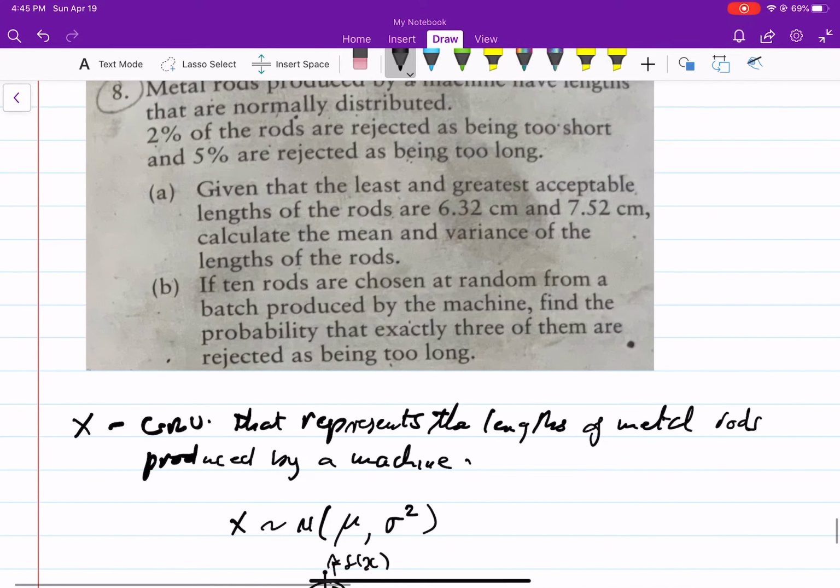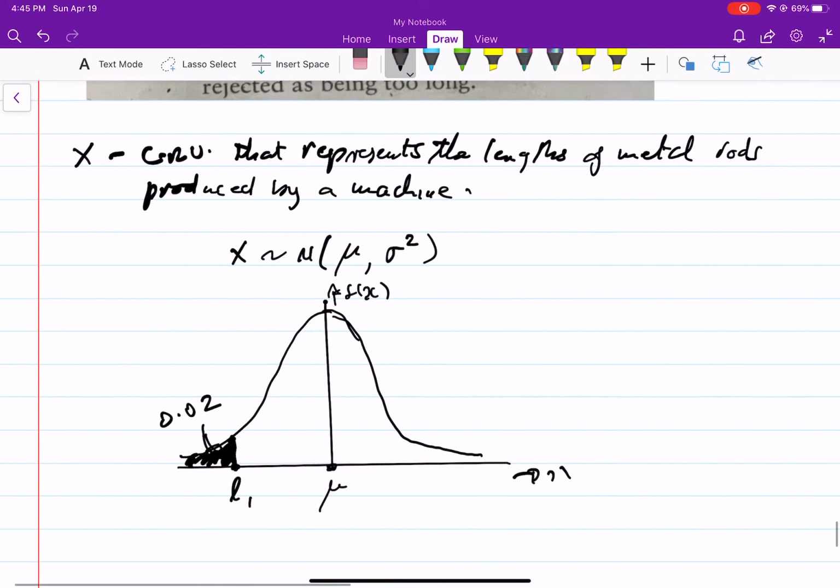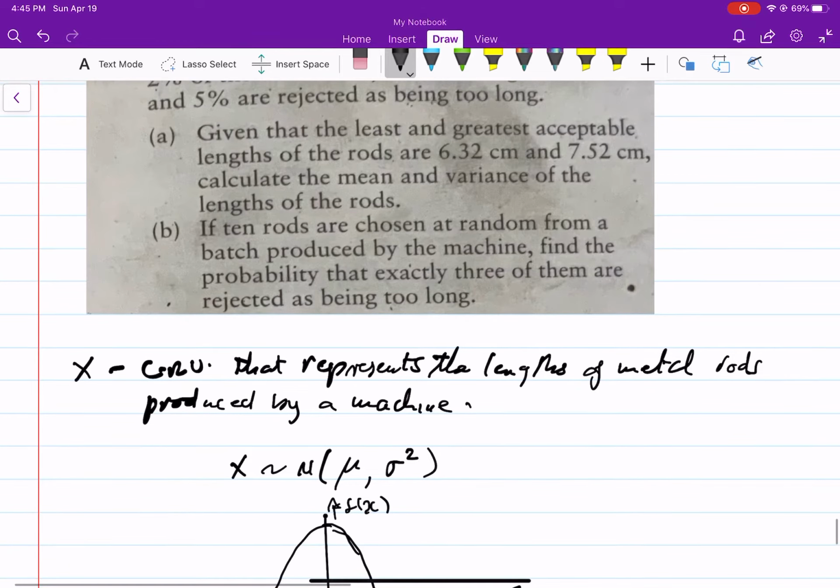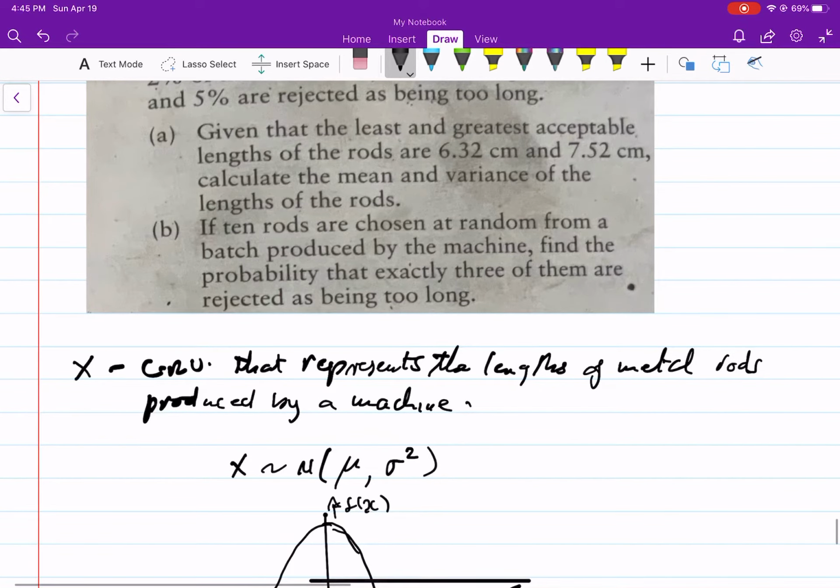And they also said that 5% are rejected for being too long. There's a length over on the other side where this area or region is 5%, 0.05, and this length is L2. Actually, I just realized in the body of the problem they told you what the lengths are that are the acceptable lengths.